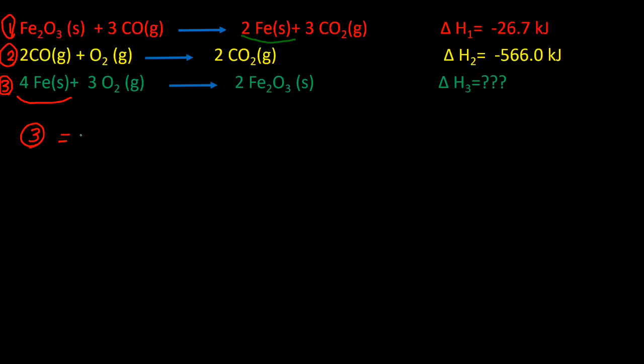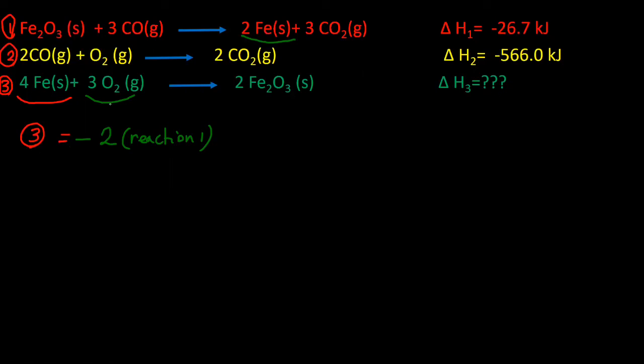So reaction number 3 is negative of reaction number 1 and also times 2. Negative reaction number 1 means the reverse of that, and times 2 means we need the coefficients to be twice what we have in reaction number 1. And then I can also see in my reactant I have 3 oxygen. I don't have any oxygen in reaction number 1, but I have oxygen in reaction number 2.